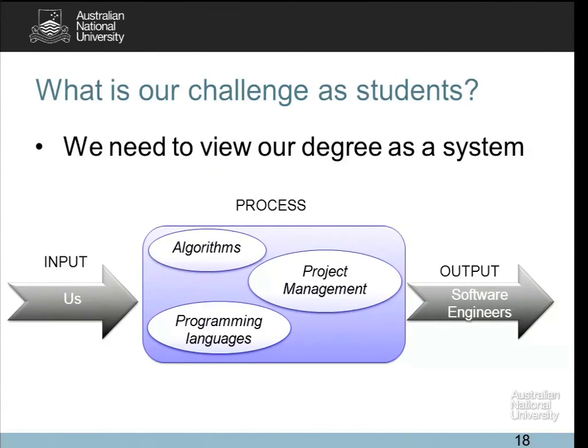As students, we need to see that we are part of the system. So if we come into university and we learn courses about algorithms and project management and programming languages, it's not the fact that we've learned all of these things in isolation that makes us a useful software engineer. It's about putting those things together and learning how to thread them and amalgamate those skills so that we become useful in industry or in research or wherever you want to go.